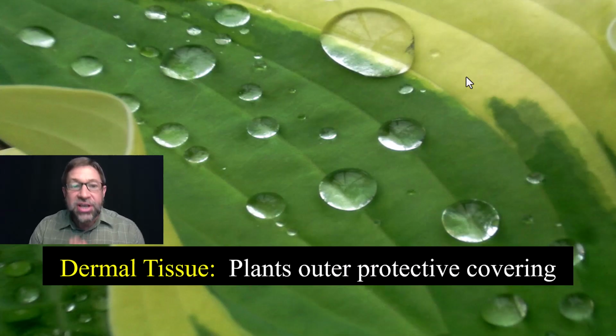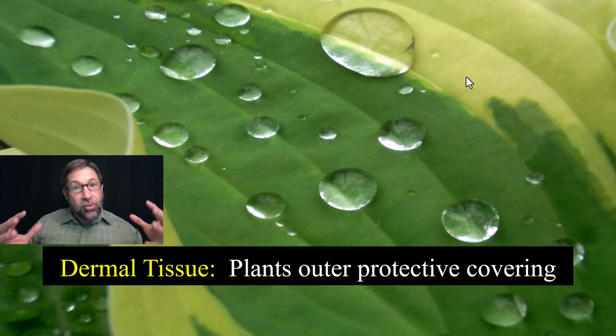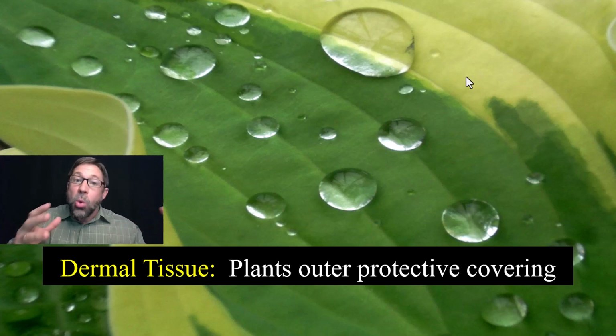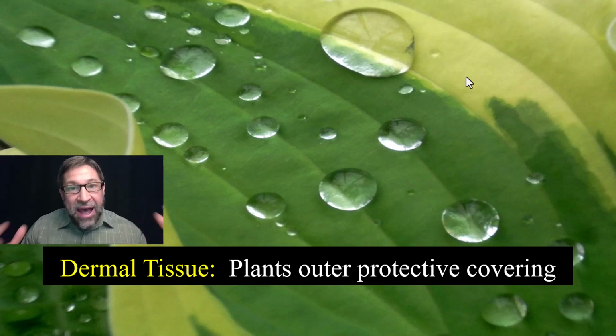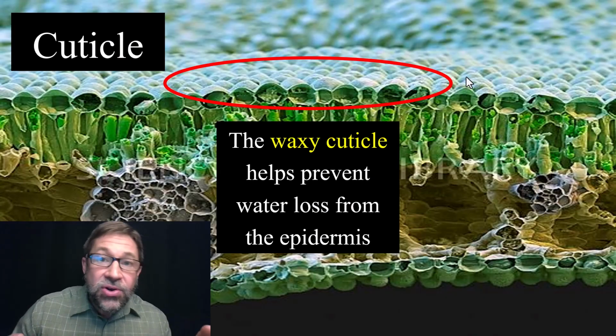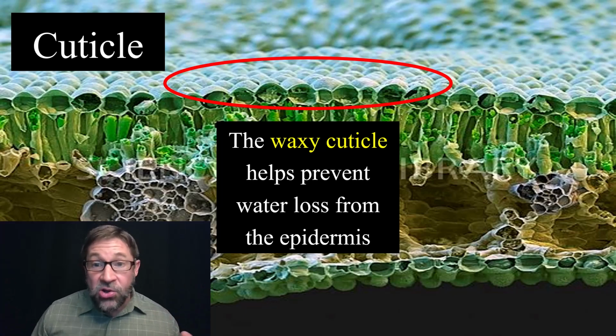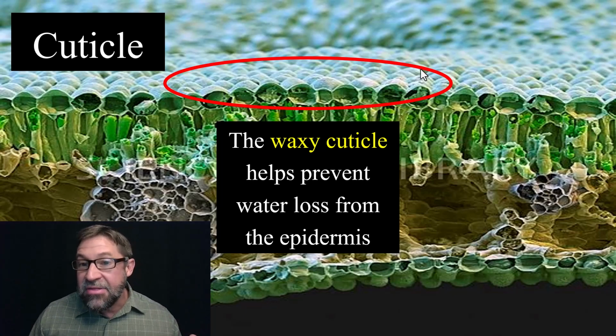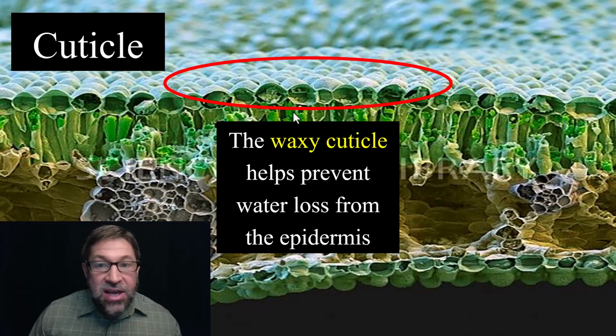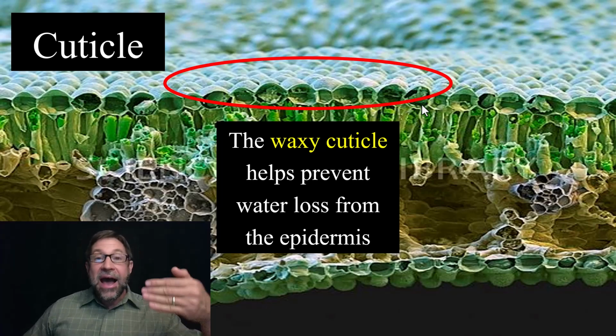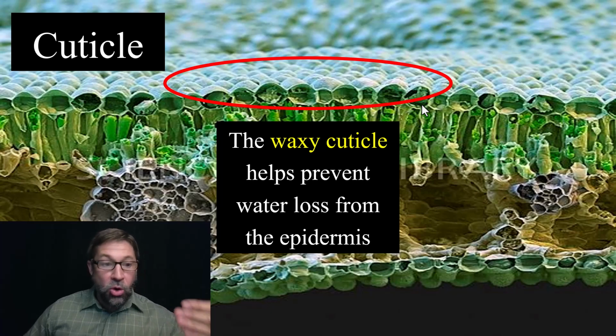The dermal tissue is what is going to protect the plant from stressors like water loss or pathogens. Here in the desert, our cactus and succulents are characterized by a thick, waxy cuticle on the outside of their dermal tissue.